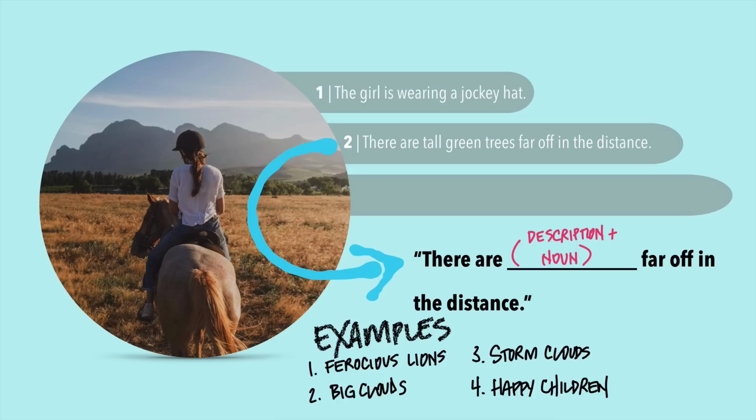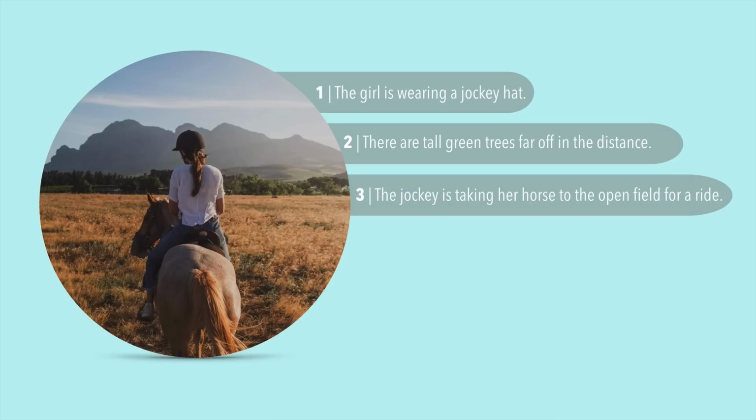Number 2, big clouds. Number 3, storm clouds. And number 4, happy children. So again, following this pattern, we're just going to put one of these examples inside of the empty space. So here we go. Let's do number 2. There are big clouds far off in the distance. Great job.